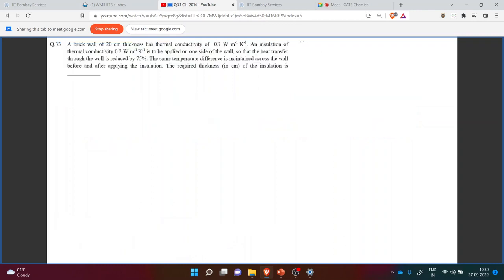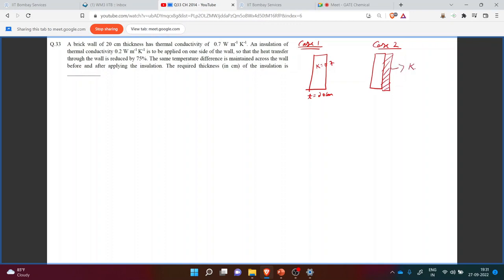So if we look at case 1, we have this brick wall, and k we have been given as 0.7, thickness is 20 centimeter. Now in case 2, this brick wall will remain the same, and we are adding an insulation.